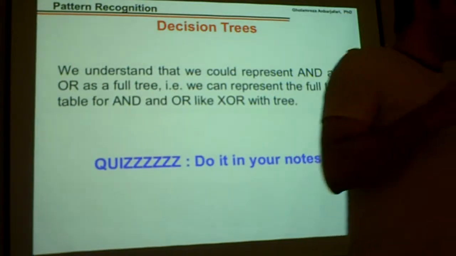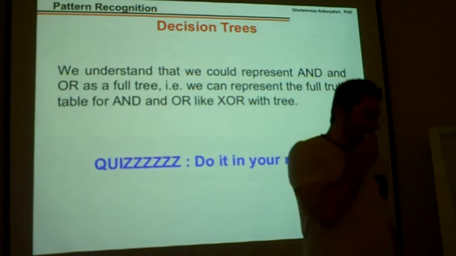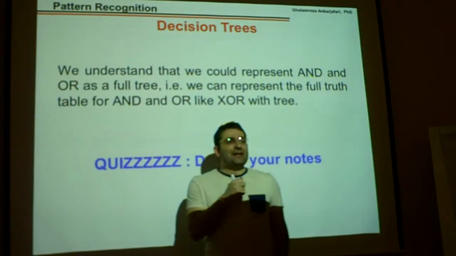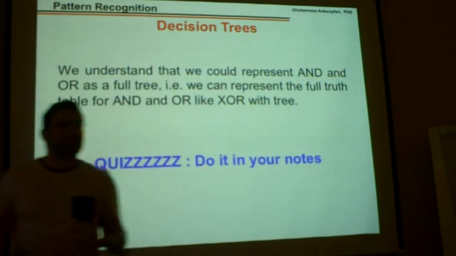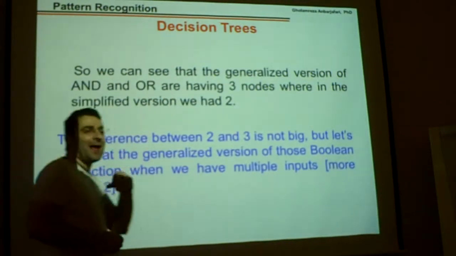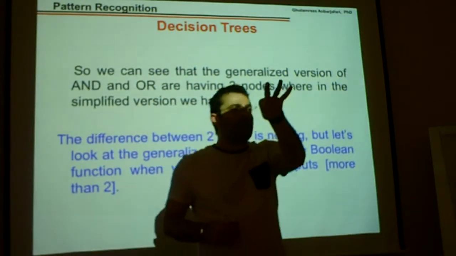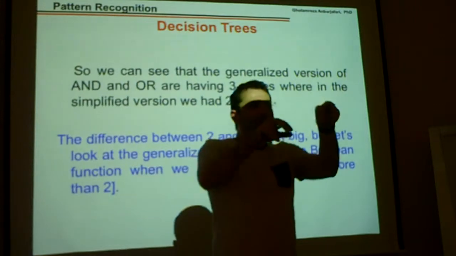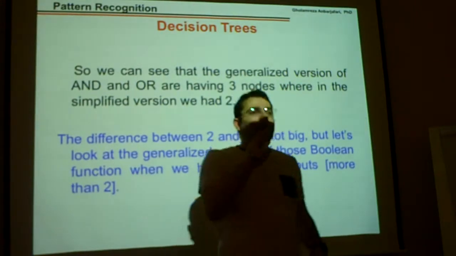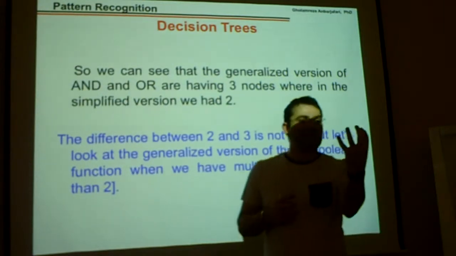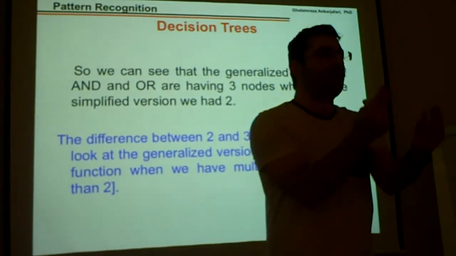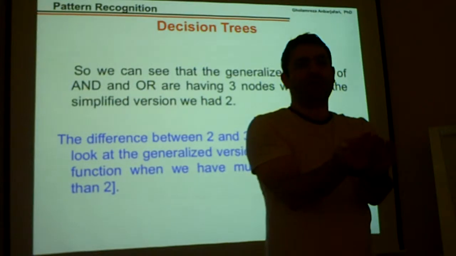The reason that I thought we would do it is this. We can see that in the generalized form of AND and OR, I need three nodes. I can simplify it to two nodes. What is the difference between 2 and 3? They are very close to each other, right?